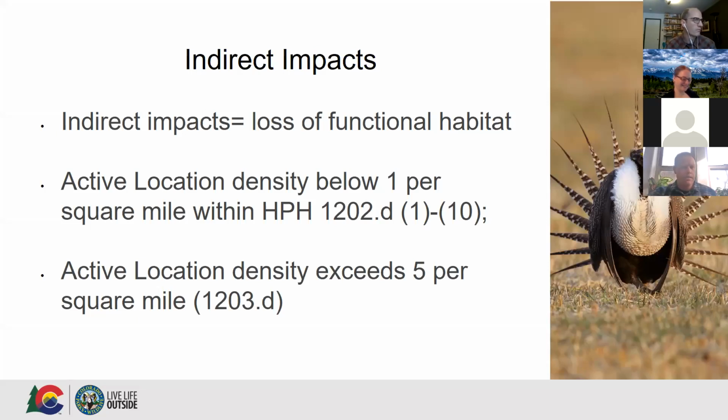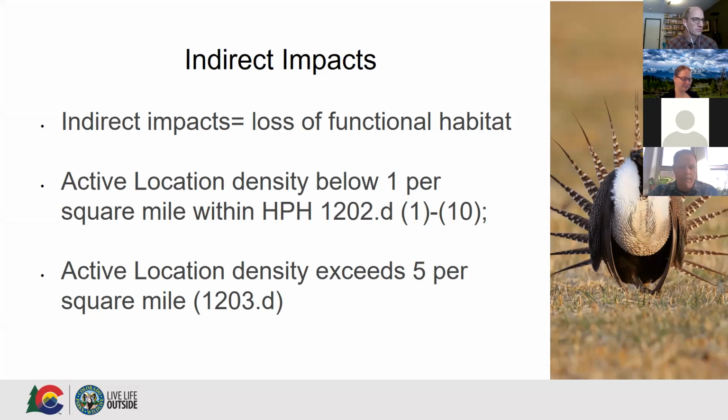So basically, what are indirect impacts? You can look back through the statement of basis and purpose if you want to really dig into all the science behind this stuff. But basically, indirect impacts are the functional habitat loss from the activity associated with development. And so this is fragmentation.